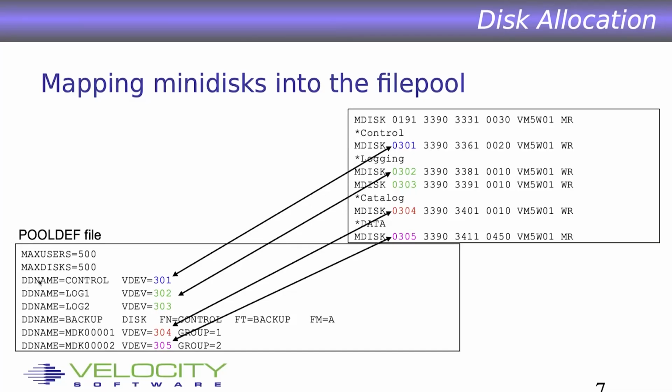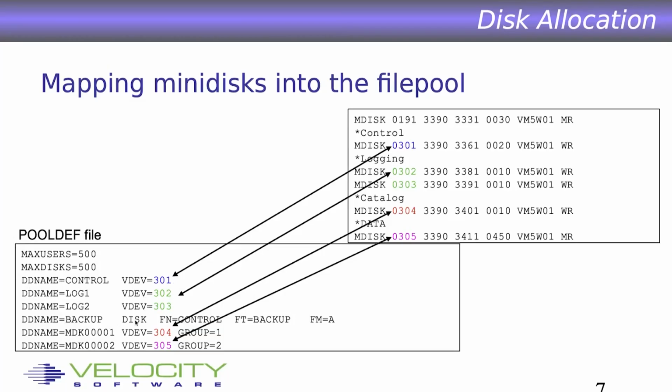So that's what these DD name statements are for. These are specific file pool functions. The control function is this 301 mini disk, and that's what I have tagged here in this comment. The log function is 302 and 303.